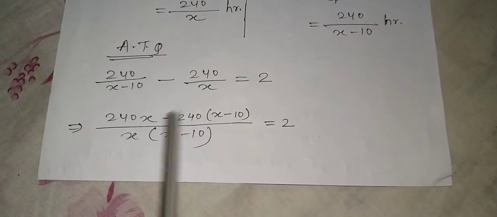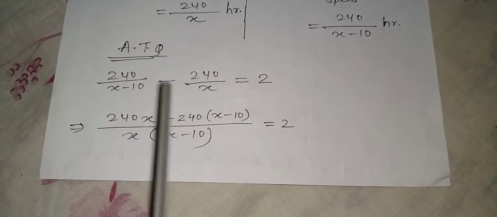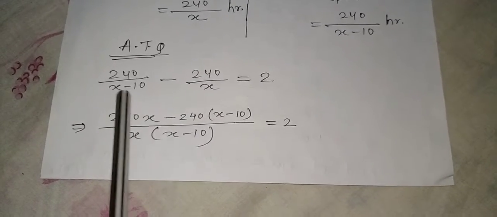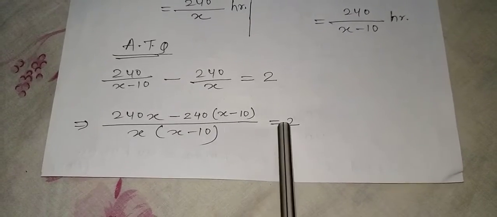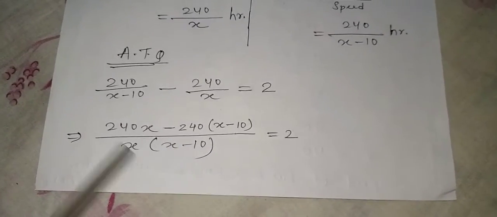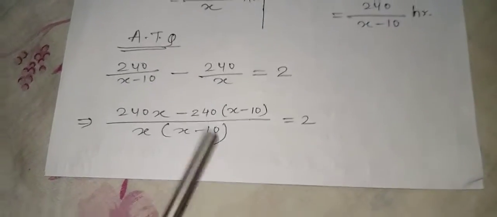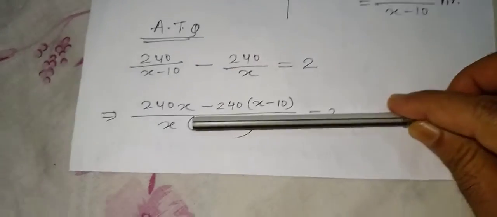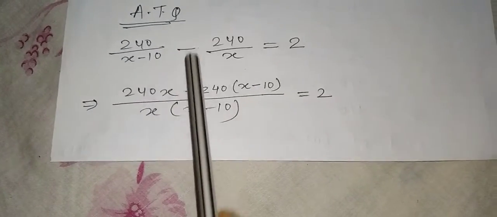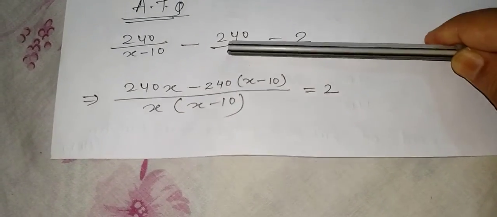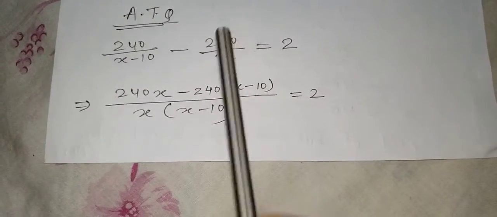Now I will take the LCM here. The LCM of x and x minus 10. So here, 240 will multiply with x, giving 240x, and x minus 10 will multiply with 240, and it will be minus 240 times x minus 10, because here we do covering for the LCM. When I cover x minus 10, the remaining x will multiply with 240. When I cover x, the remaining x minus 10 will multiply with 240.